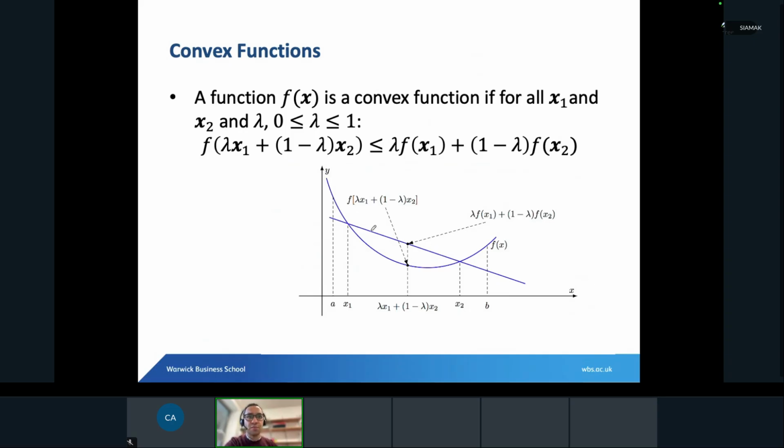If you choose a point here, the associated value is here. And the same, this is an x here, the same value that you get from the function is here. And you can see that simply this value is less than this value. This is what we have here.